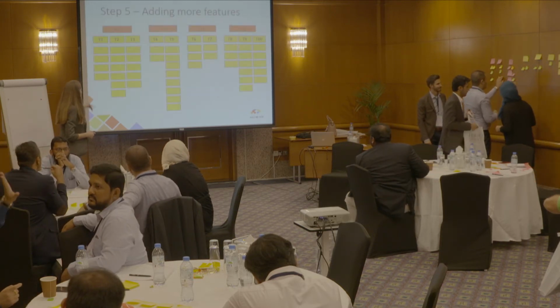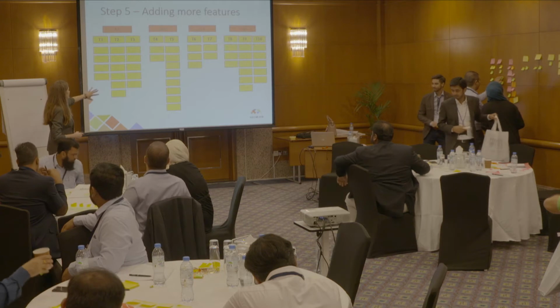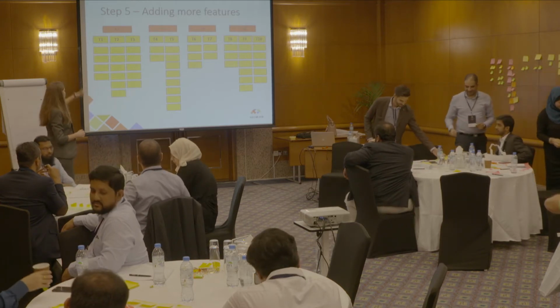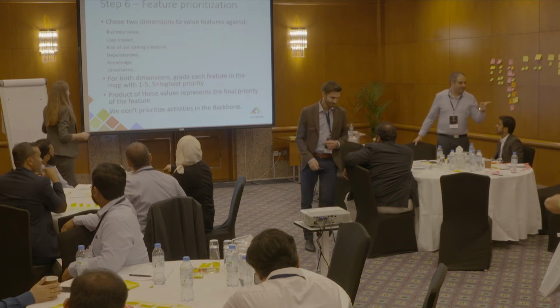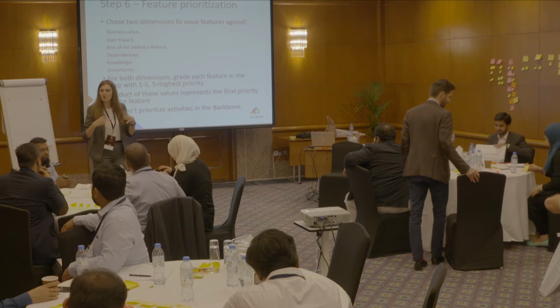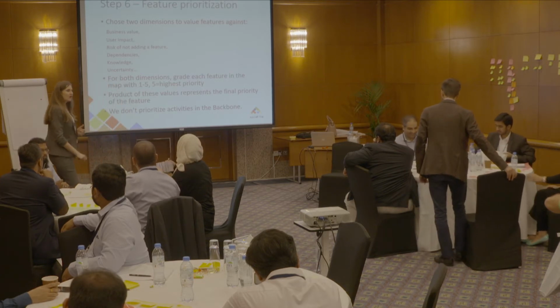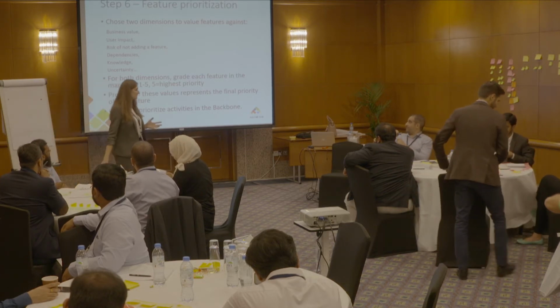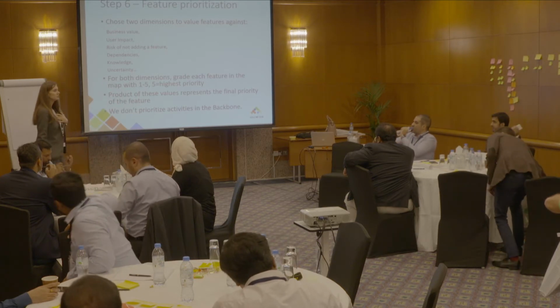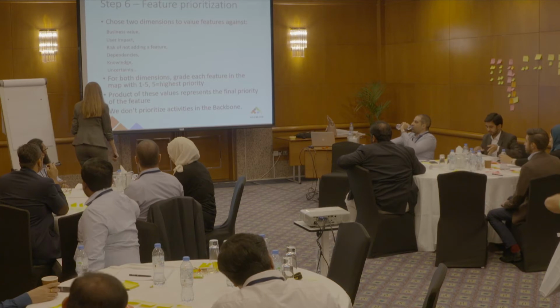Okay, so all of you have this format of the story map on your table. Let's move on to prioritization, the next step, because not everything is of the same importance for the product. How do we do prioritization? There are many techniques. The most popular one, and from my experience the most useful one, is that we choose 2 or 3 dimensions.